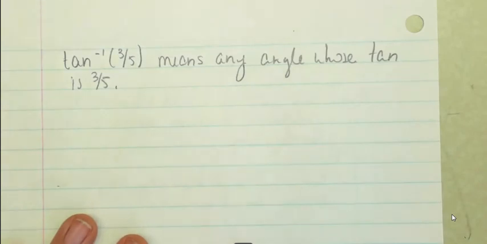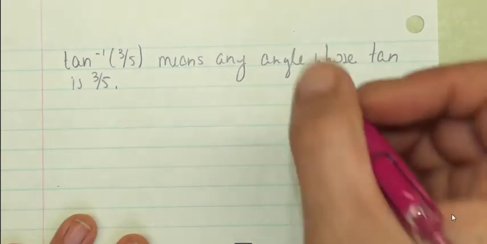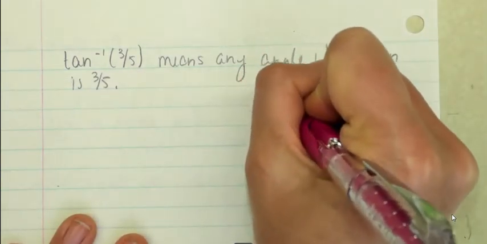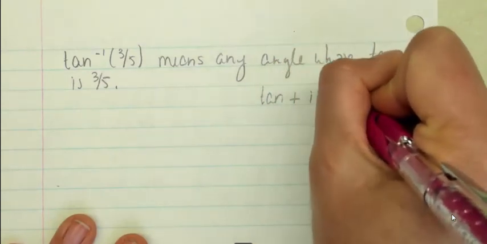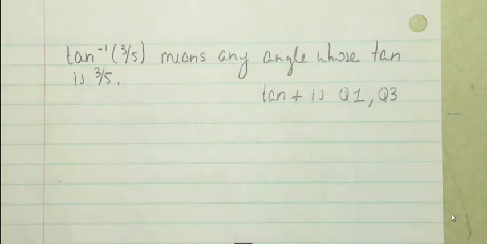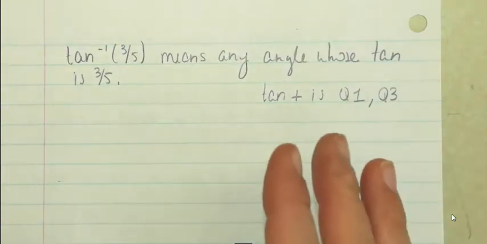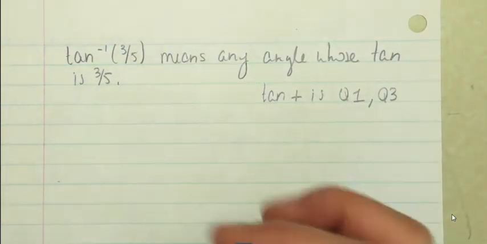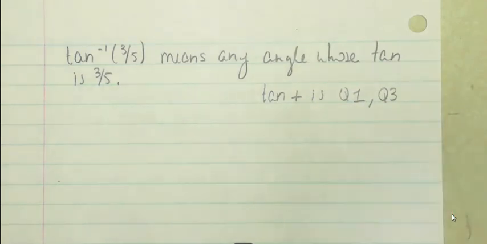So where is tangent positive? Well, it's positive in the first and the third quadrant, right? Basically where the signs are the same. So we know that tangent is positive in quadrant 1 and quadrant 3. Those are 180 degrees apart, right?